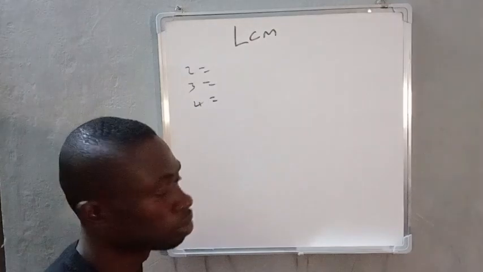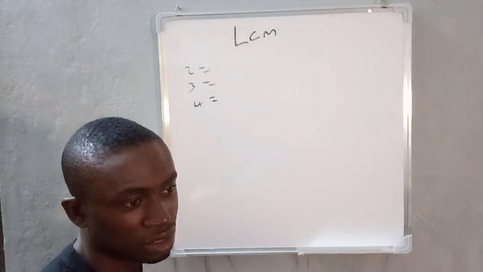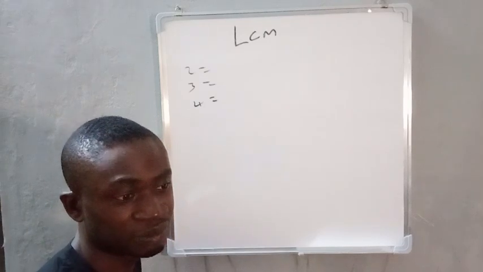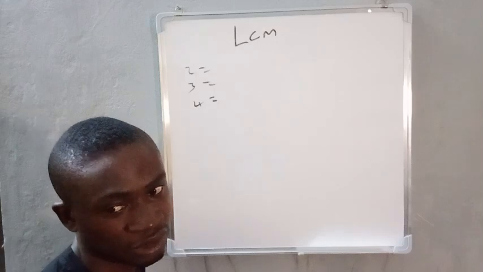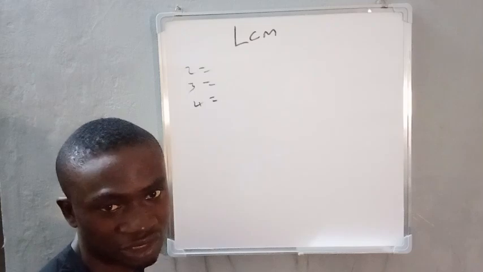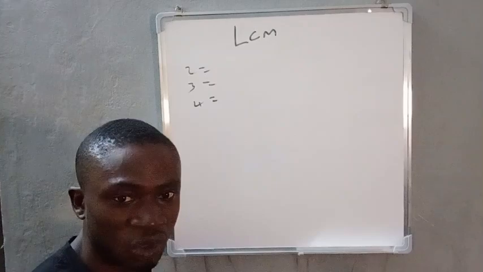So when you talk about the multiples of 2, that means the number of times that 2 can occur. It becomes infinite. There is no end to it. 2 can exist in one place, it can exist in 2 places, in 3 places, in 4 places. That is in multiplied form.